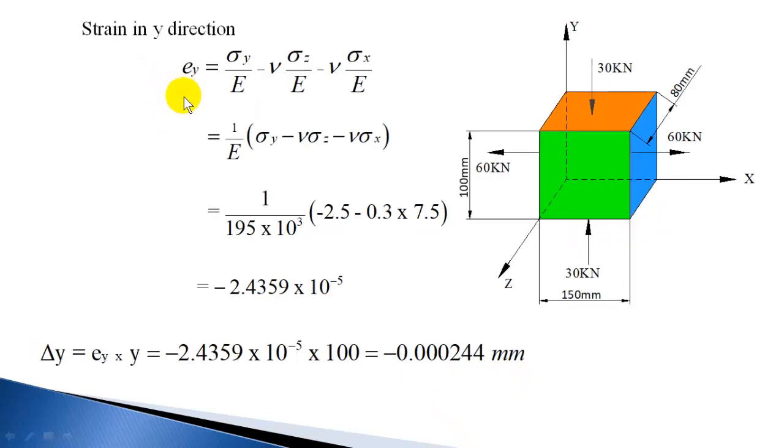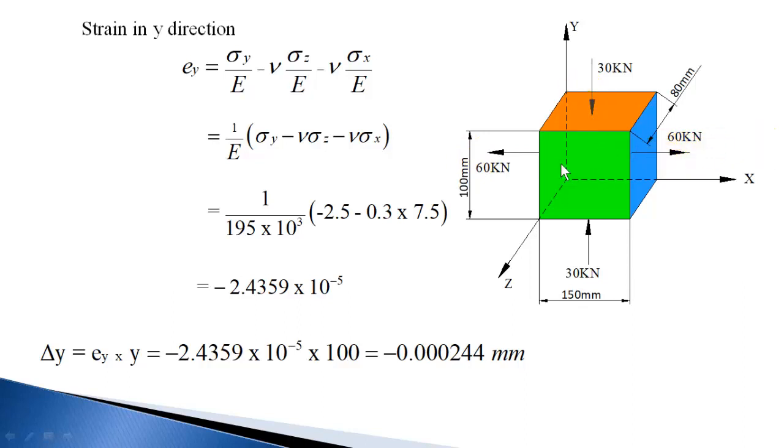Now similarly, strain in y direction, you can use the formula sigma y by E, which is a direct strain in y direction due to the load in y direction. And lateral strain due to load in z direction, but there is no load in z direction, so this will become 0. Then minus nu sigma x by E is a lateral strain induced in y direction due to stress in x direction.